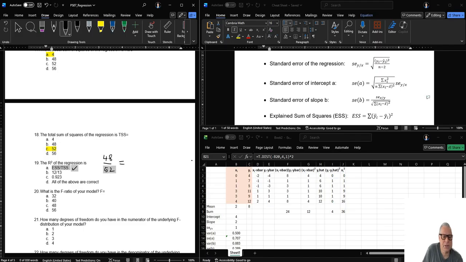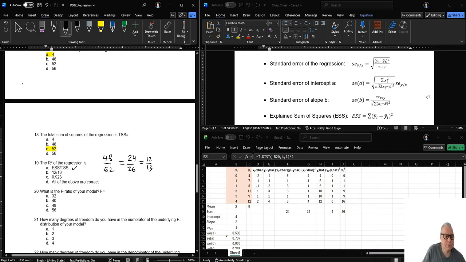Well, maybe this can be shortened. That's the same as 24 over 26. Or it's also the same as 12 over 13.